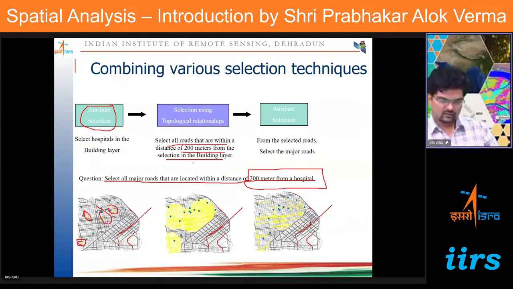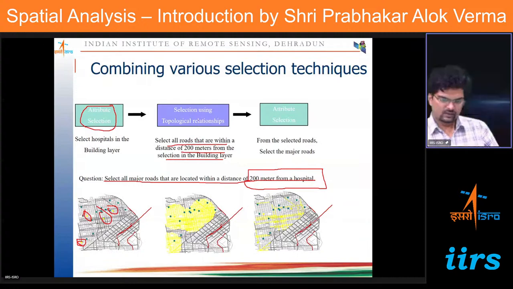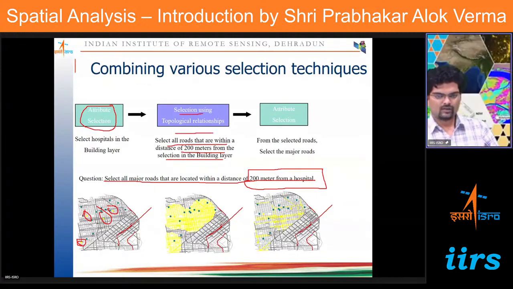So select using location, selection using topological relationship, a spatial location-based selection will be used, and within that, the overlap relationship will be used to find out the roads which are within a distance of 200 meters. So this will select all the roads: the major road, minor road, district road, village road, colony road, all the roads will get selected.